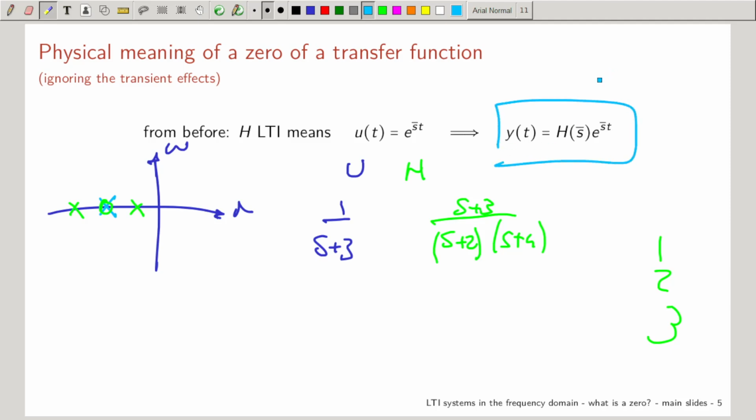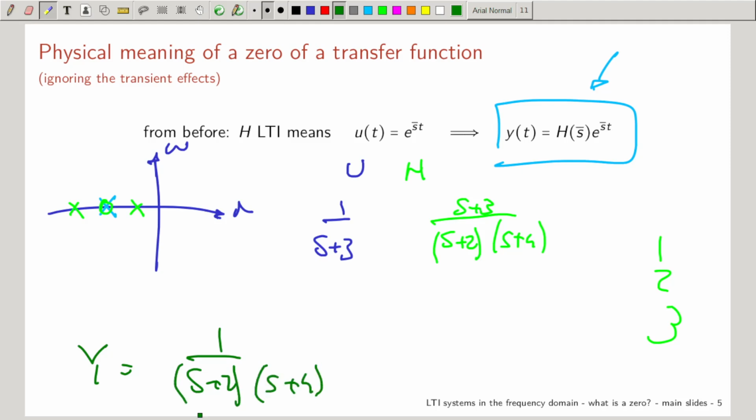This formula refers to the steady state, the stuff that is going to stay in steady state. Okay? In steady state, what are we going to see? Nothing. It's going to go to zero. True? Are we together that Y is going to be 1 over (s plus 2)(s plus 4)?